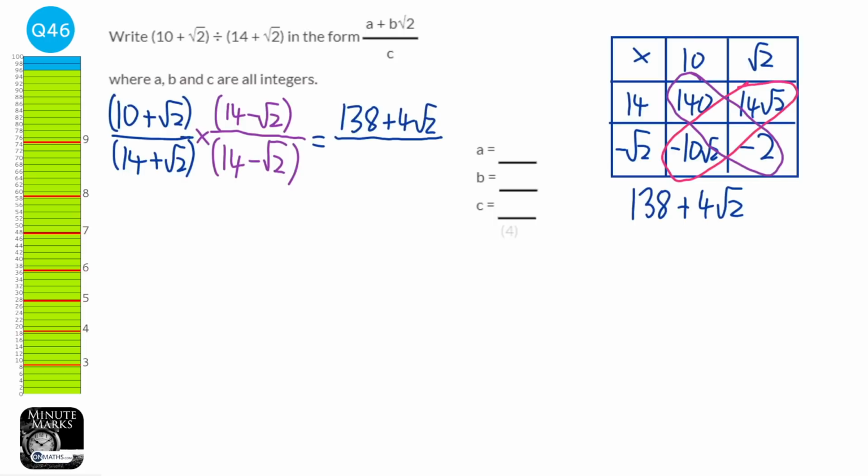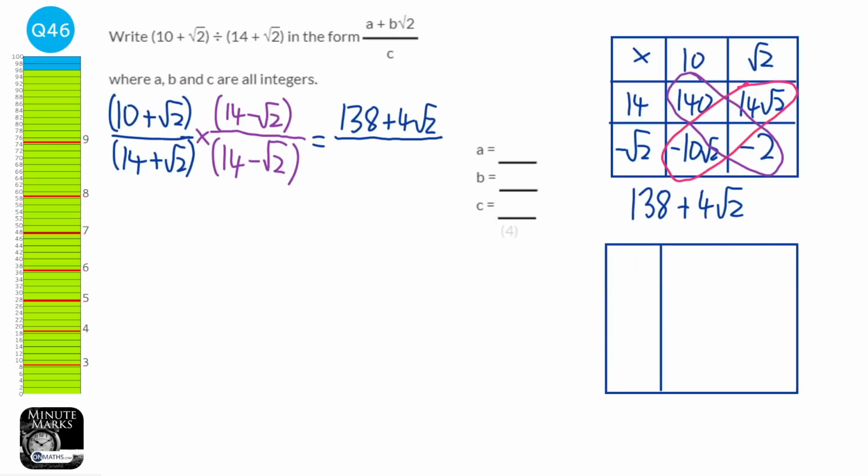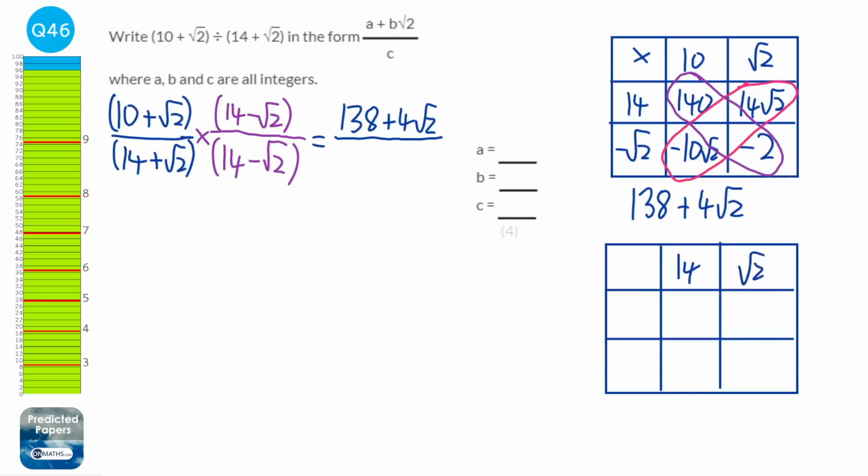And let's do the bottom. I like these grids because you can see if you've made any mistakes quite quickly. You can check your working. So 14 plus root 2 times 14 minus root 2. You'll see why in a second we do the opposite.